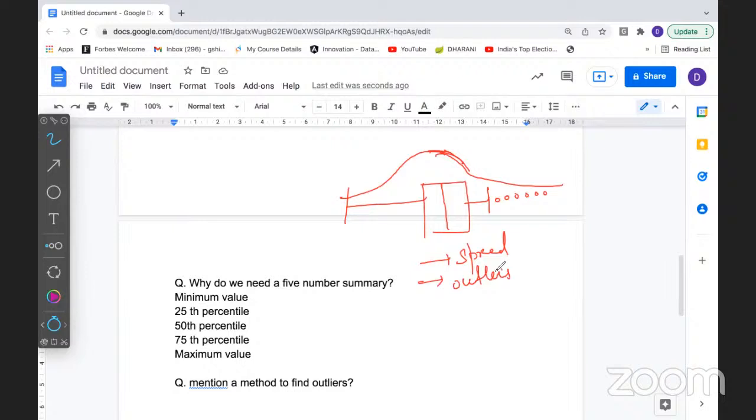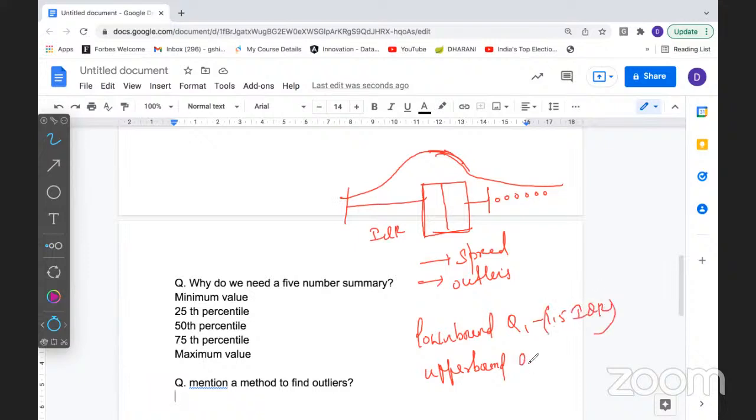But how is a box plot giving you the indication that there are outliers in our data? It takes a lower bound formula and restricts itself with an upper bound value. Whatever region you have here, which is the IQR, the bounds are Q1 minus 1.5 into IQR, or Q3 plus 1.5 into IQR.